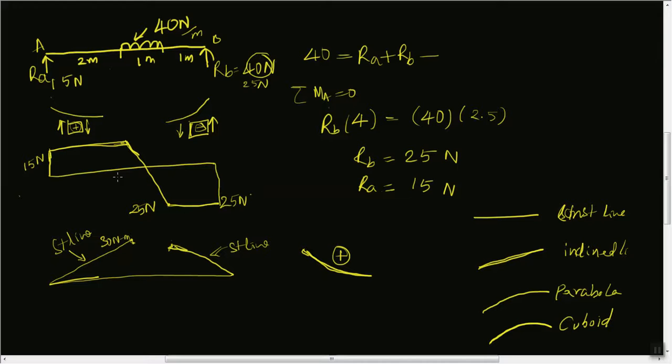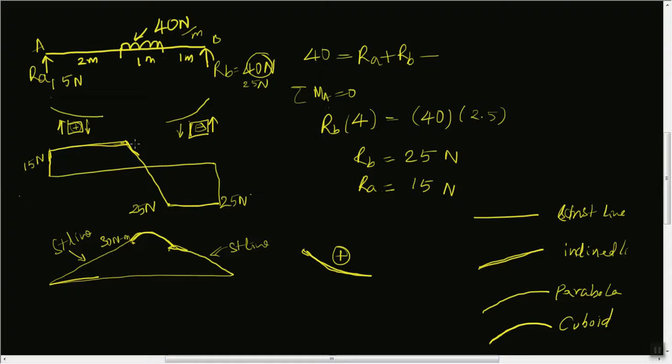Since we have an inclined line in the shear force diagram, we should have a parabola. So I need to join these two points by a parabola like this. If I find out the slope of these curves, I should get the shear force diagram.